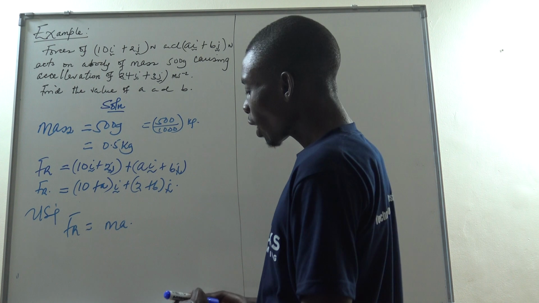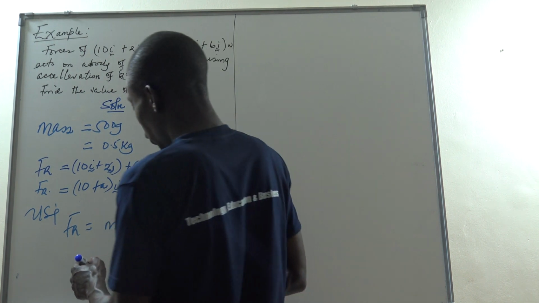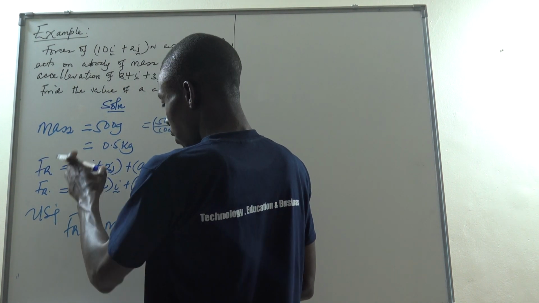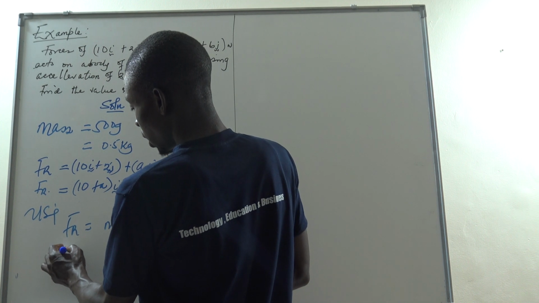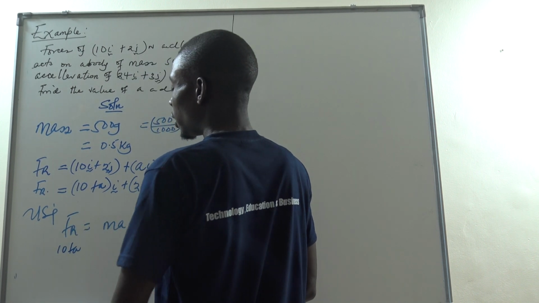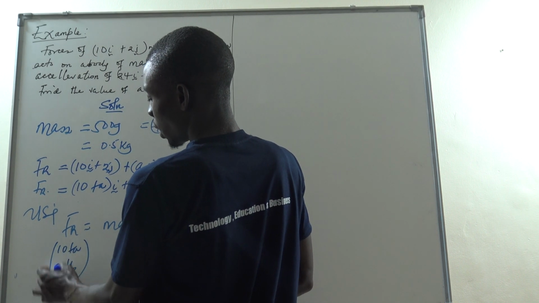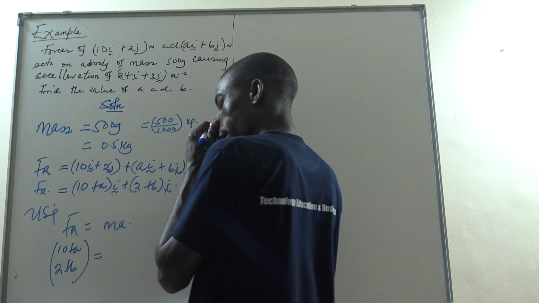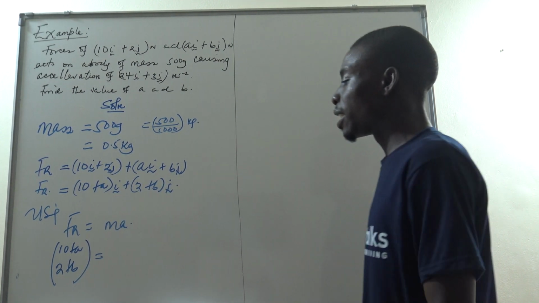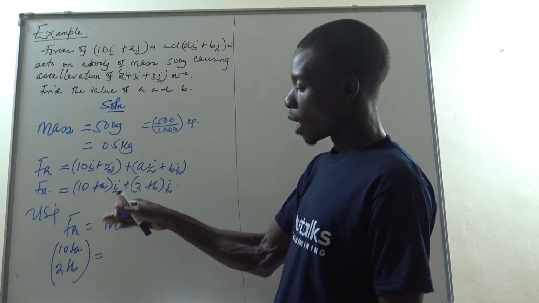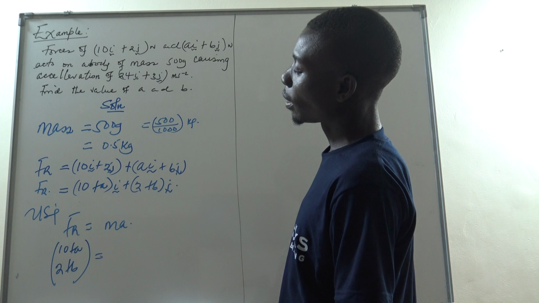If I'm to use that, I can decide to write this horizontally like this: 10 + a, and so on. That is in case you are trying to avoid writing the i and j. You can write this in columnar format, okay?